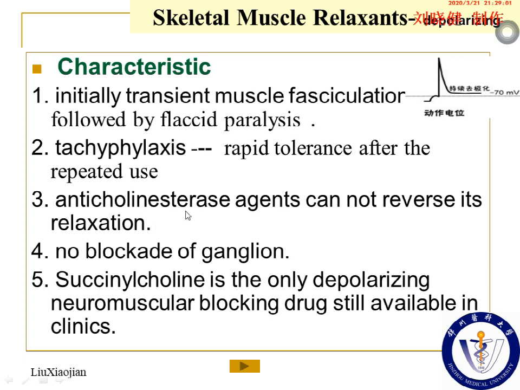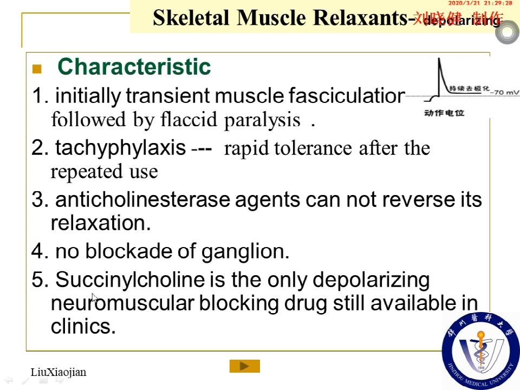Anticholinesterase agents can increase the concentration of the acetylcholine neurotransmitter. In the other group, non-depolarizing muscular relaxants, these anticholinesterase agents can reverse their relaxation. This is their difference. And this drug has no blockade of ganglia.